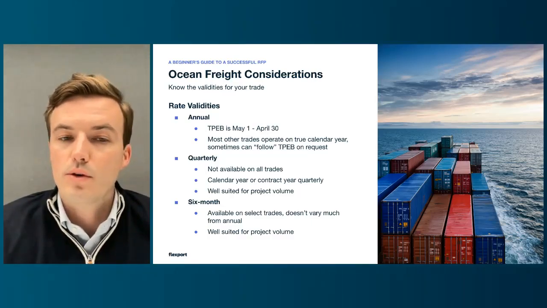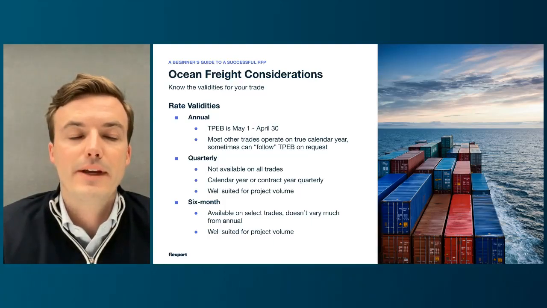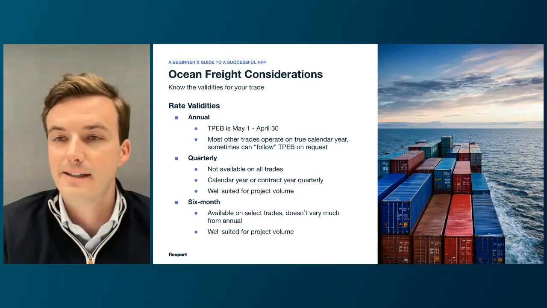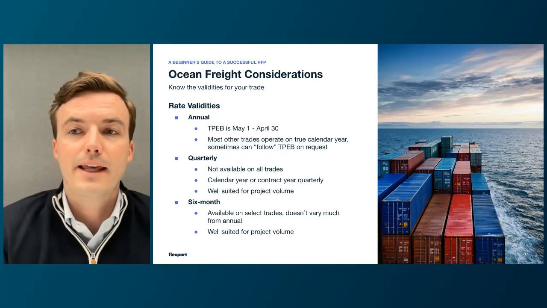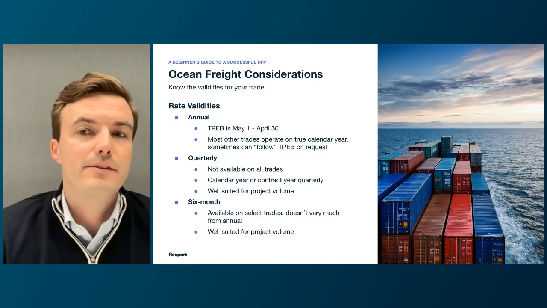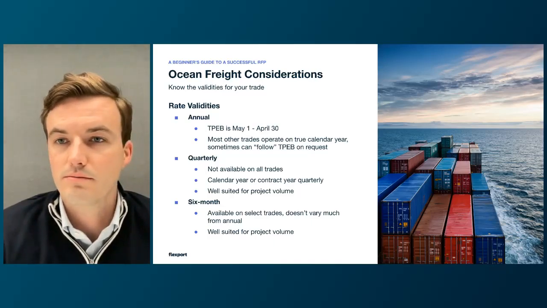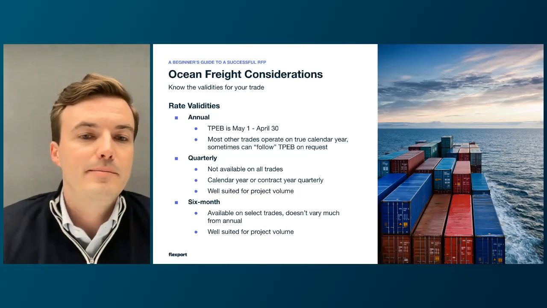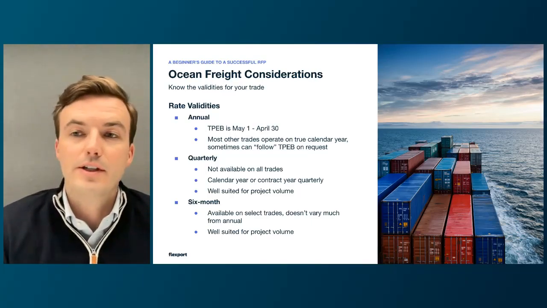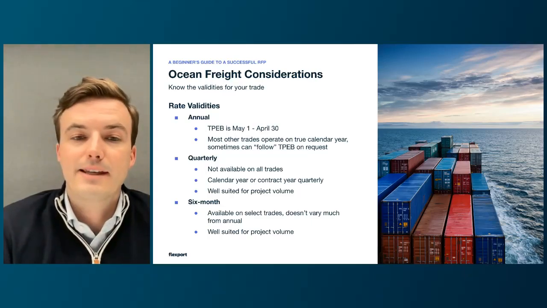What we see quarterly and 6-month rates being effective for are things like highly seasonal cargo, so that example from the first slide of you're shipping summer products that are only going to ship across one quarter of the year. Things like project volume, construction projects, things like that.